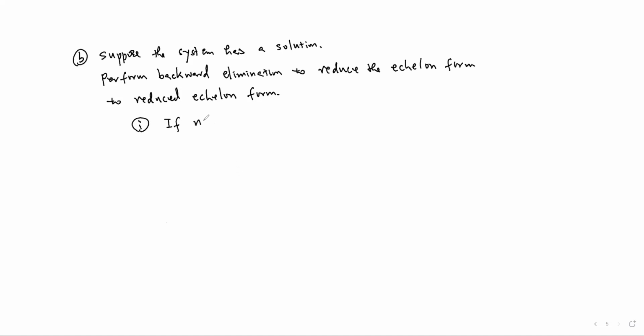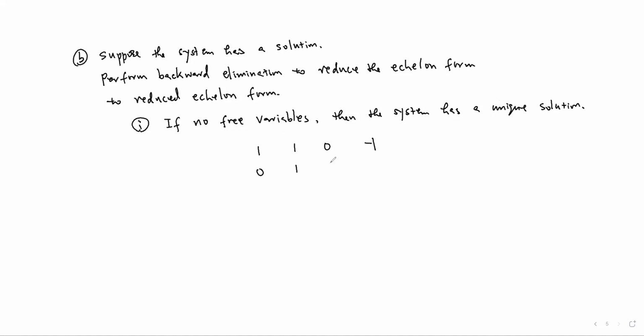If there are no free unknowns or variables, then the system has a unique solution, exactly only one solution. Any example? Say, for example, 1, 0, negative 1, 0, 1, 1, 0, 0, 0.